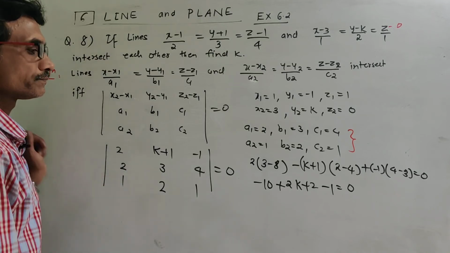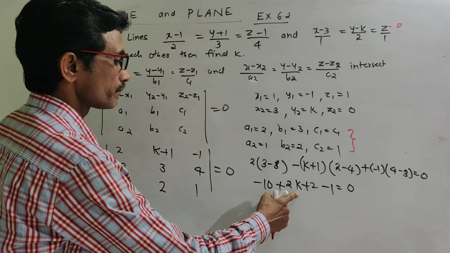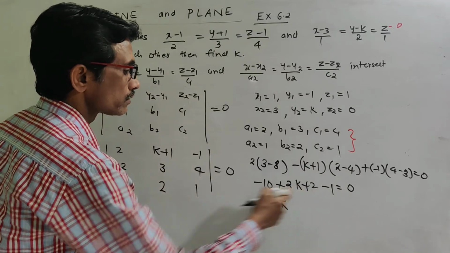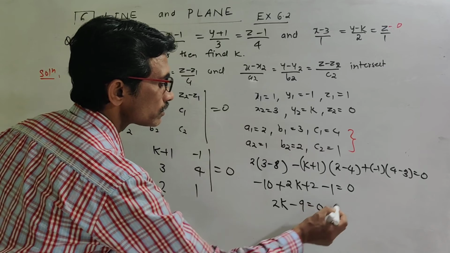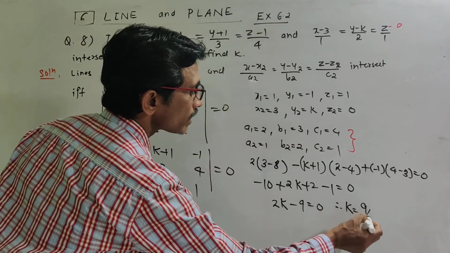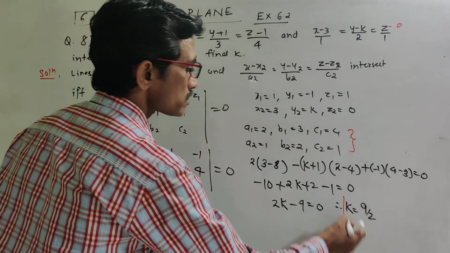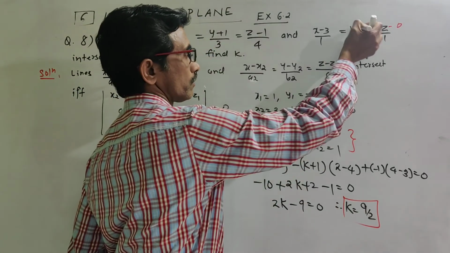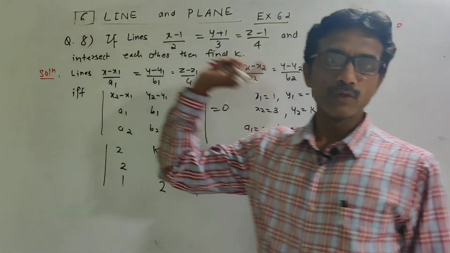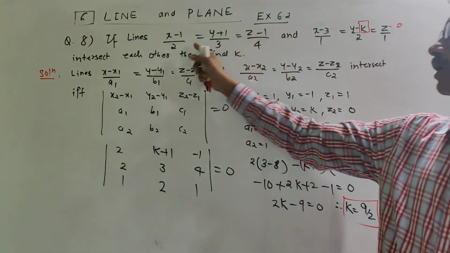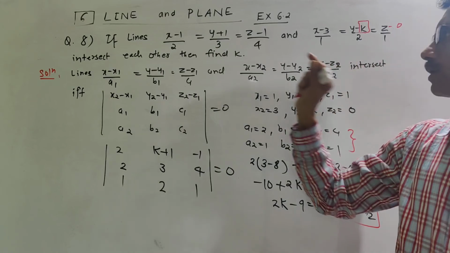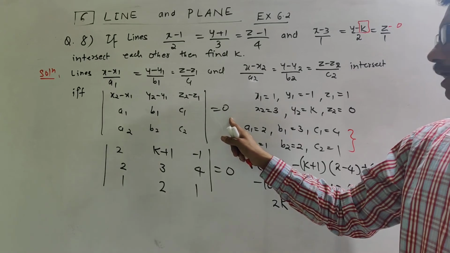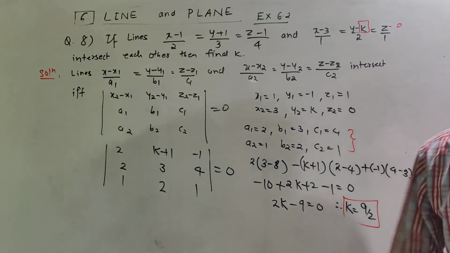So here we are getting 2k minus 9 is equal to 0 and k is equal to 9 by 2. So our answer is k is equal to 9 by 2. So what is the value of this unknown? The value of this unknown, when these two lines are intersecting, that means the shortest distance between these two lines is 0. According to that, the formula is this. So by using this formula, we are getting k is equal to 9 by 2.